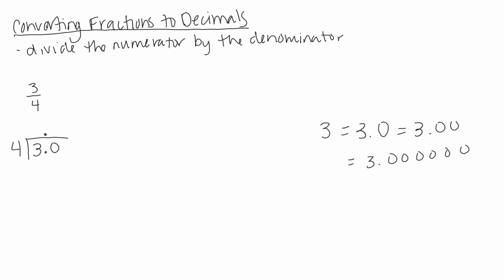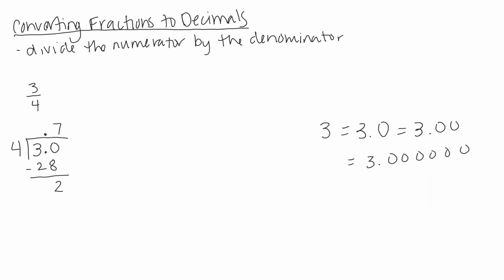So now we're going to ask ourselves, does 4 go into 30? Yeah, sure does. It goes in 7 times. Now, 7 times 4 is 28. I subtract that, I get a 2. Now, I told you a minute ago, we're looking for decimals that either terminate or repeat. And to get a decimal that terminates, you need a 0 remainder.